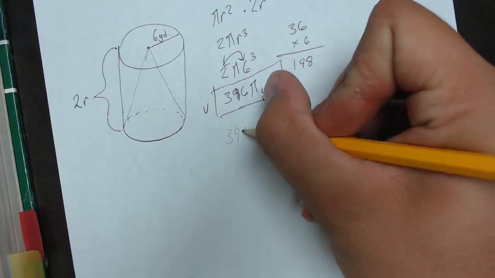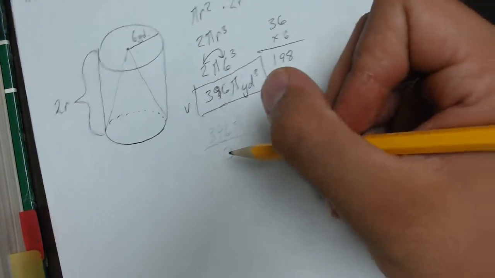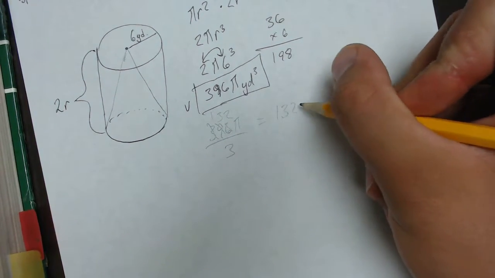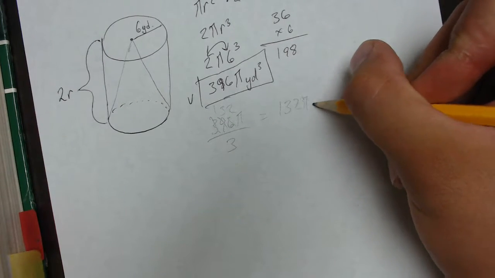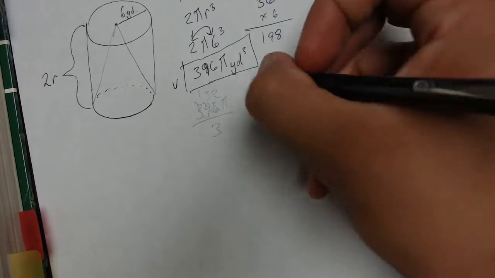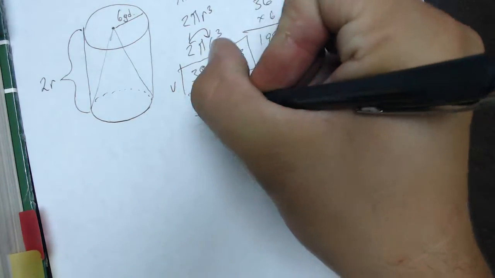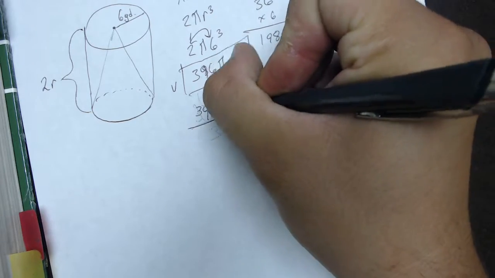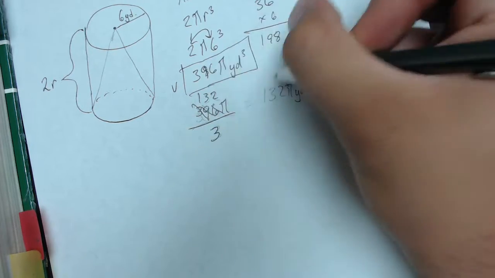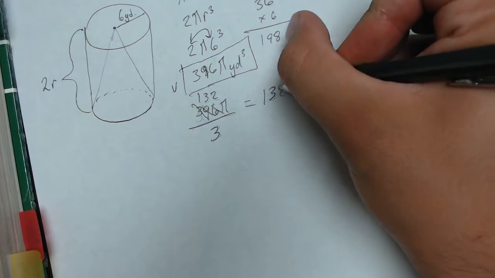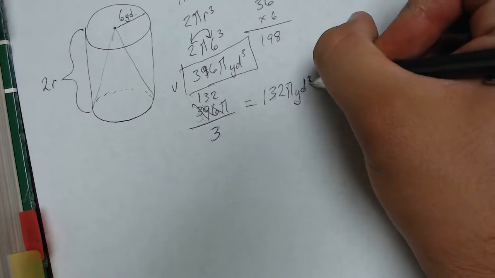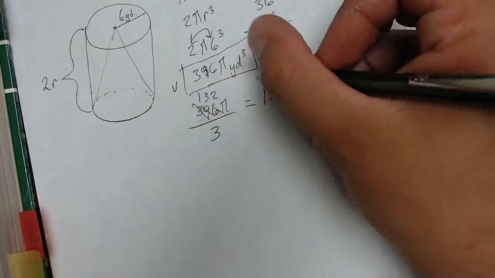So we take the volume over 3, and that's just going to equal the cone's volume in yards cubed. Let's go back to our pen here so you guys can see what's going on. Okay, and that's the volume of our cone.